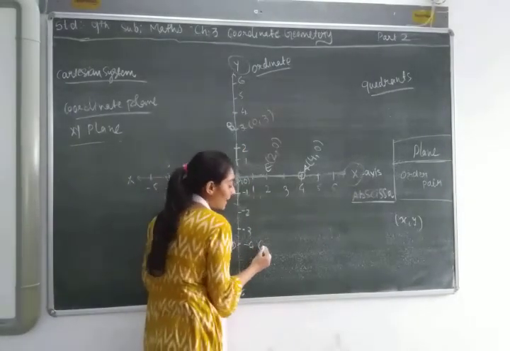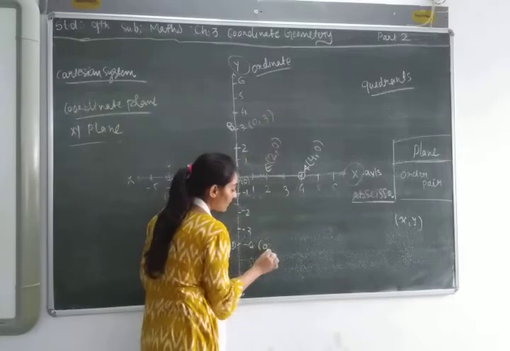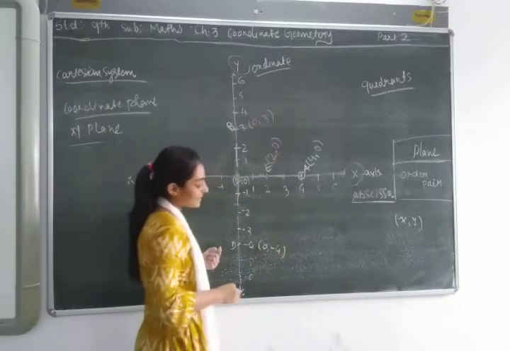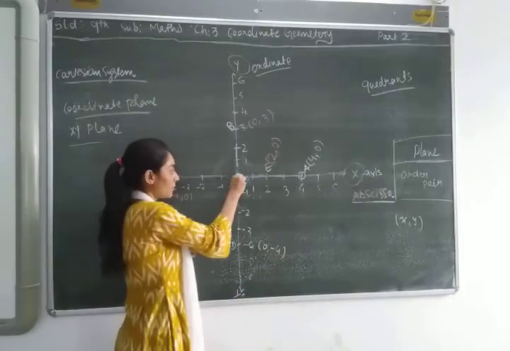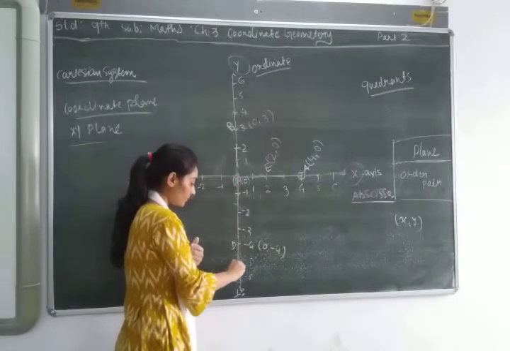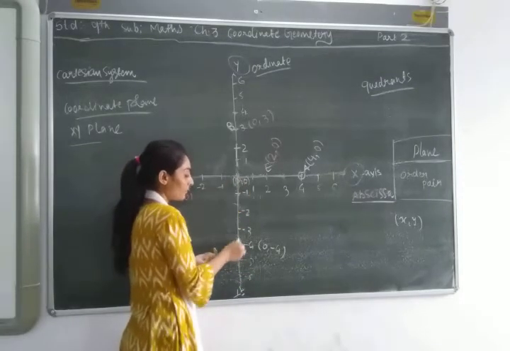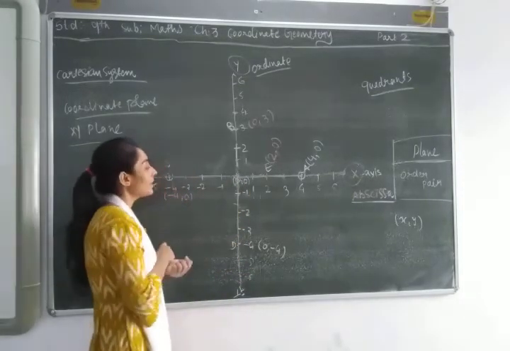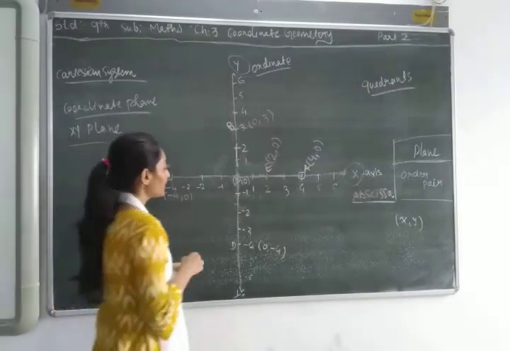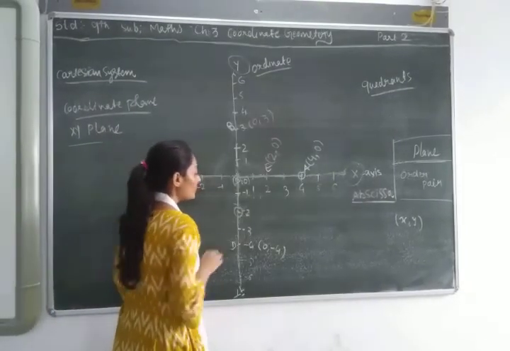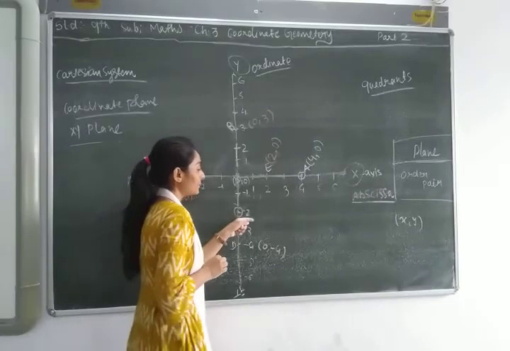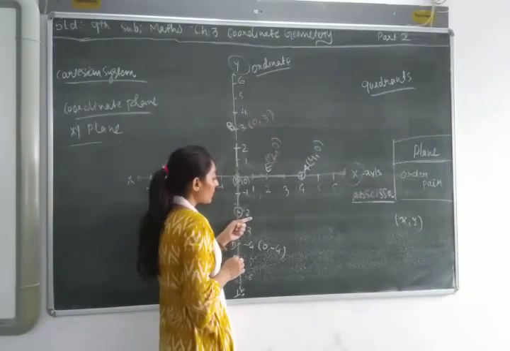It means x-axis is 0, because over here this is 0. Okay. Now take one more point. What is the coordinate over here?